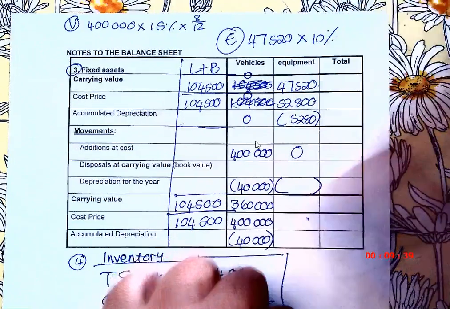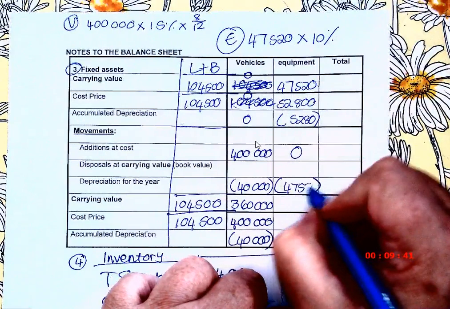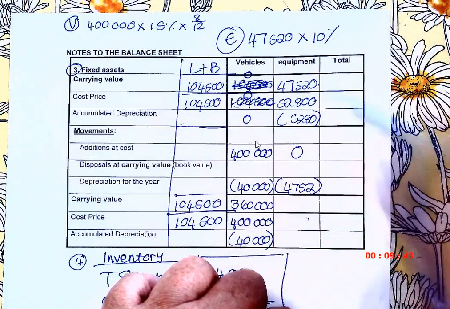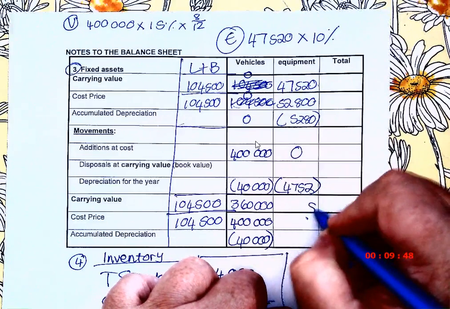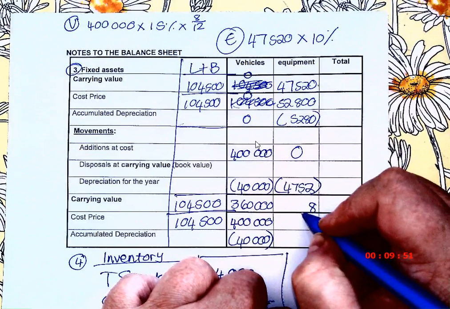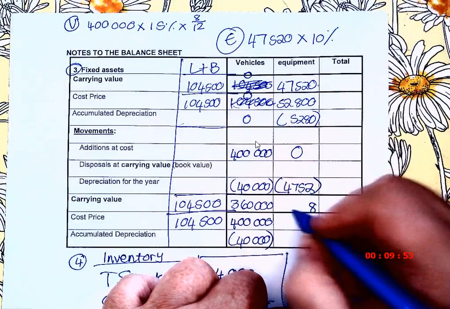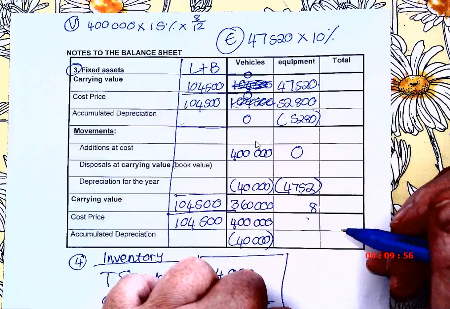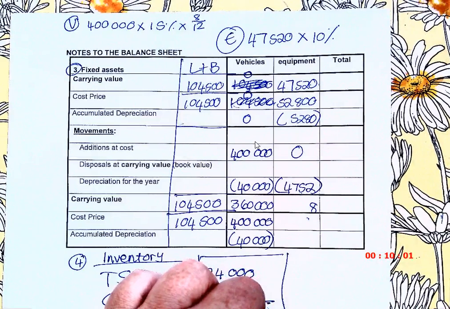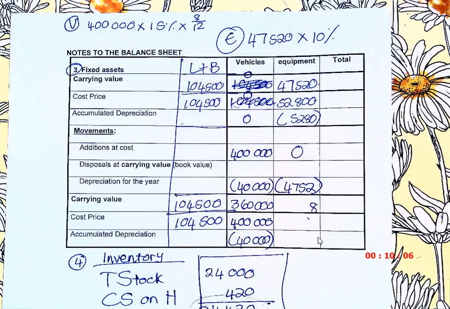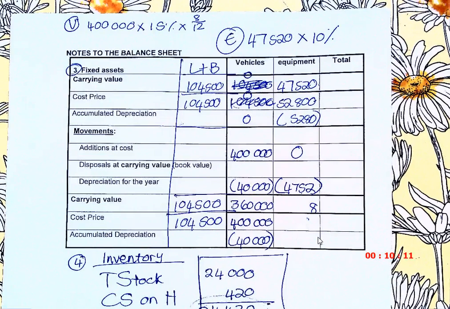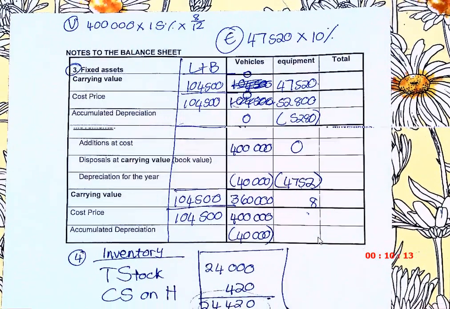And that gives me 4,752. So now I say 47 less 4.7 gives me something. What's the number? Yeah, because I want to know, remember when we did that other thing where we drew the blocks? Every time the carrying value decreases with this year's depreciation. So what am I saying to you?